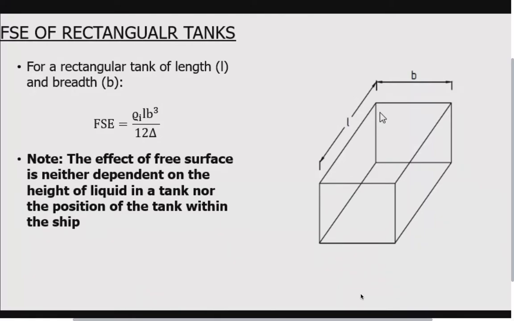In some parts of the ship, some part is inclined, and we have some tanks there. So not all the tanks we have on board are rectangle. So in case you find a rectangular tank, then this is the formula to use for the free surface effect.